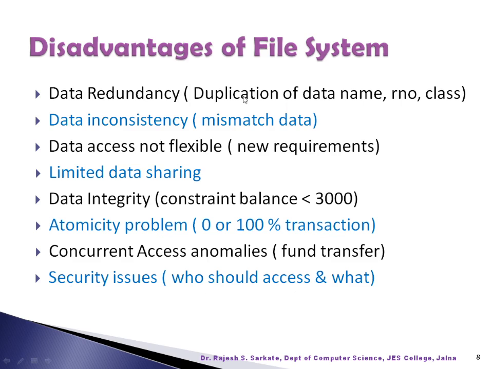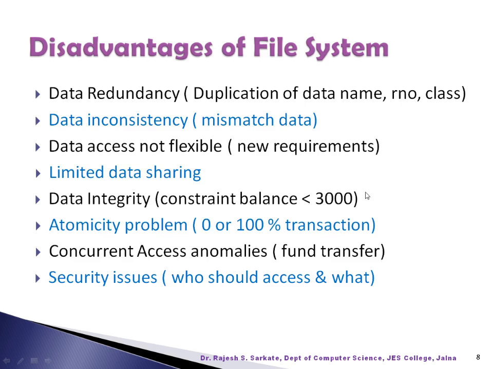There was no control in the file system through which we could restrict who can access the data and what amount of data should be accessed, whether the user should access all the records or some records or part of the record. For example, a clerk should have access to a specific field, while a principal should have access to all the fields. Such access restrictions were not properly handled in the file system.